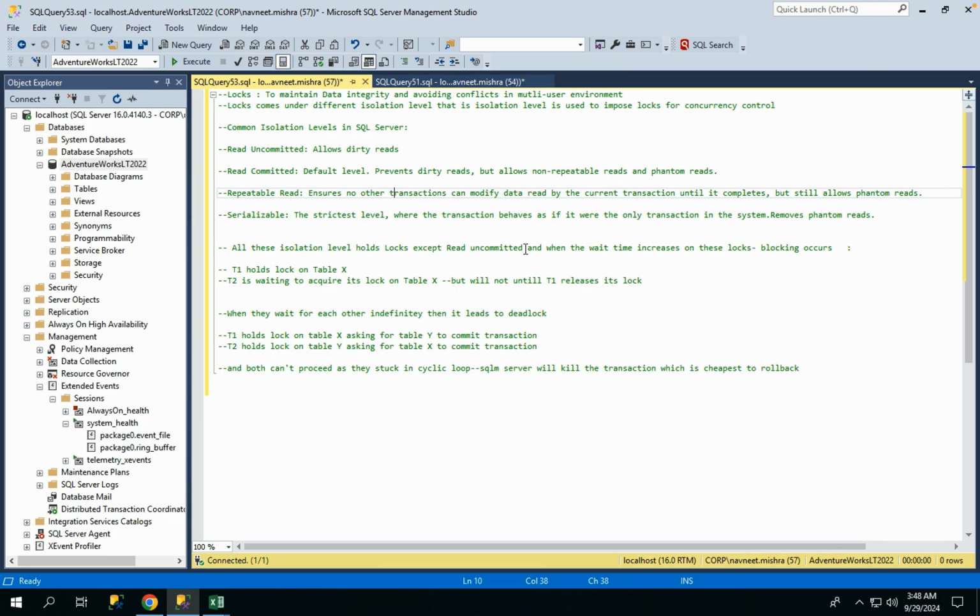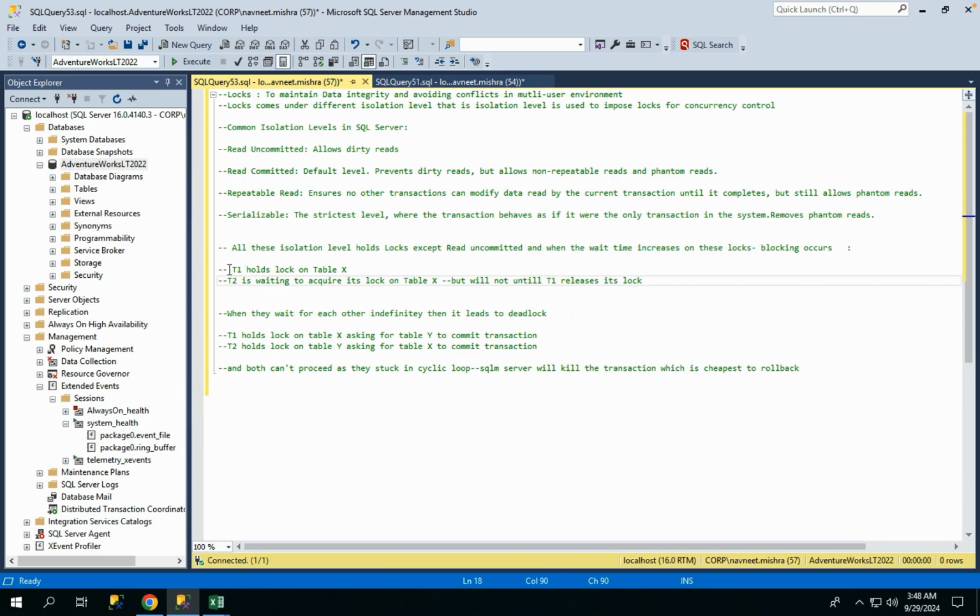And since locks are imposed on table, database, page, row, a lock may take a long time. When the wait time increases on these locks, then the lock converts to blocking. See the scenario here.